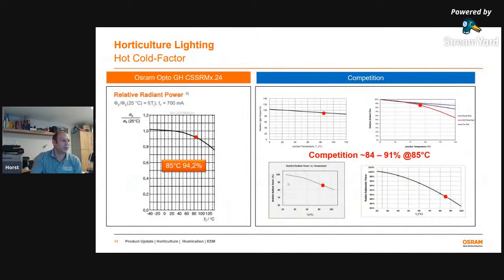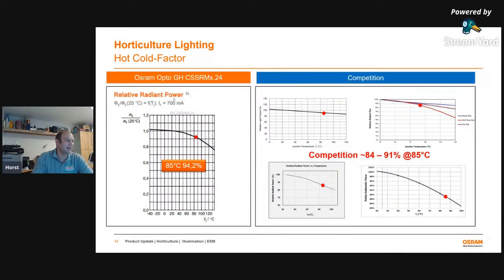This slide here is just showing you more or less what this strong development on the LED is influencing. Every LED has a certain output, either its lumen output or its photon flux, and the behavior of the LEDs can be different. Generally, if you heat up an LED, then the flux will go down, and an indicator of how good the LED is depends on how strong this will happen.